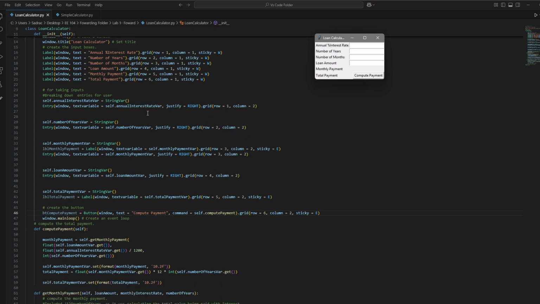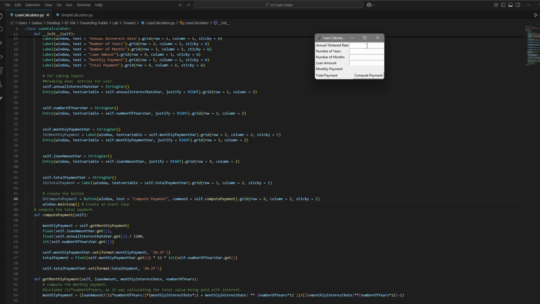And so moving on to the entries, we would be seeing here that this entry function would be taking entry from the user, and that entry from the user is being applied to this variable here, which will then be used to calculate.